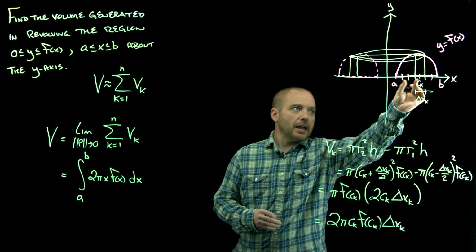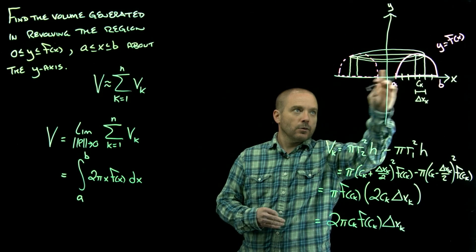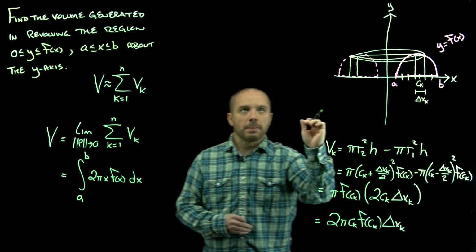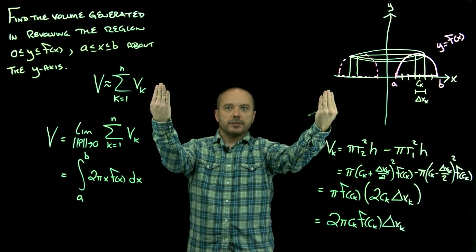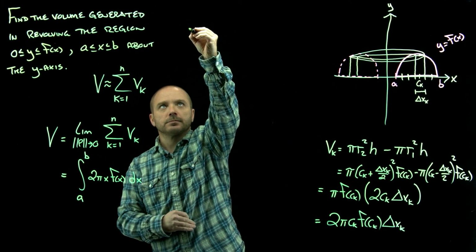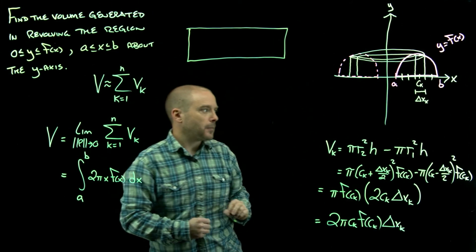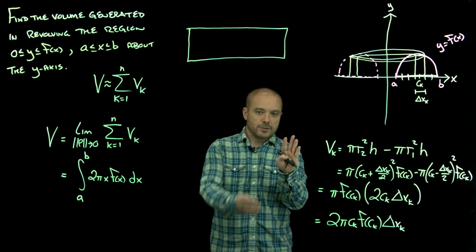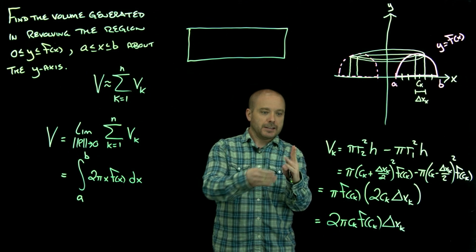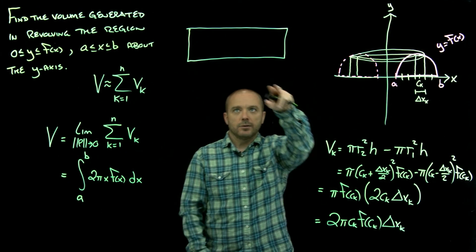Well, if that thing collapsed, so there was no thickness, and we just had a cylinder, we could then cut that cylinder and lay it out flat into a rectangle. So imagine you took your paint can, which now has walls that are infinitely thin, and you cut it up the seam and rolled that thing out flat. You would have a rectangle.